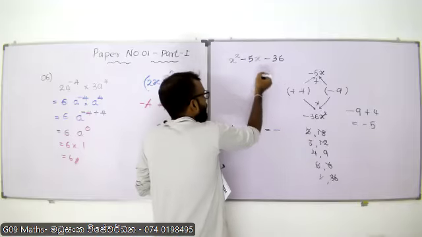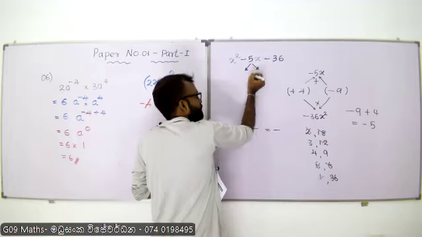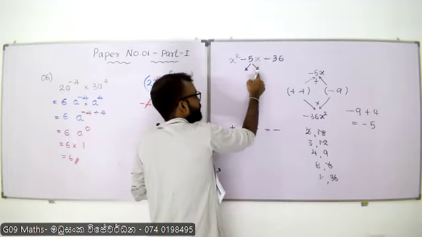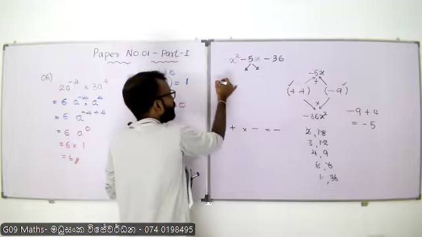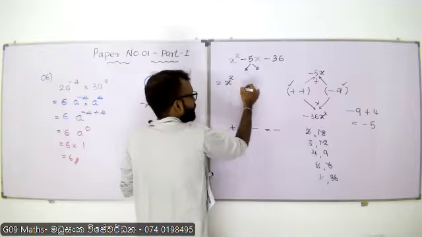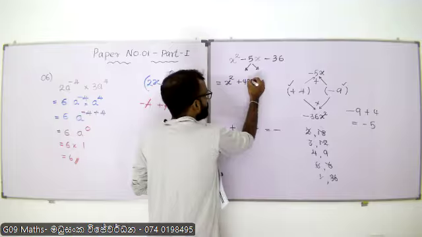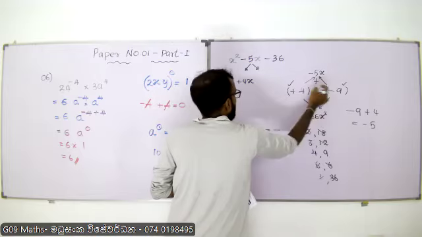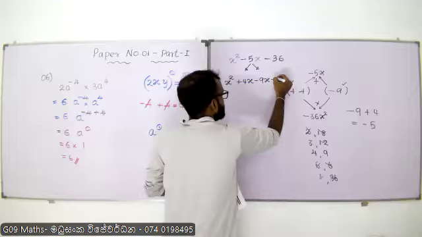So I am going to split my middle term into two terms by using this one and this. So x to the power 2, plus 4x, negative 9x, negative 36.